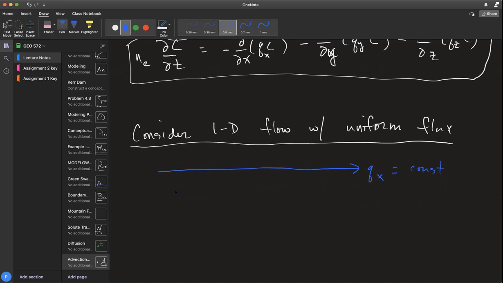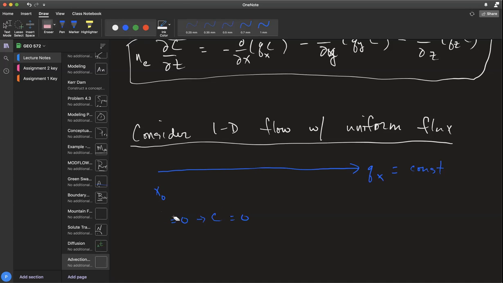So in that case, let's have a look at our equation here. Let's say that this is x naught, and at time equals 0, my concentration is equal to 0. Let's write this out.